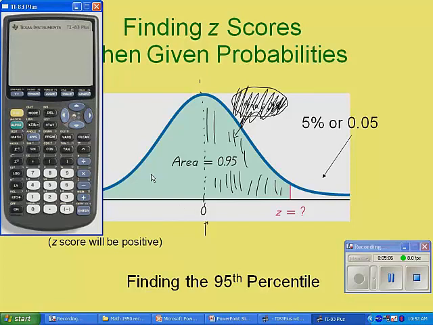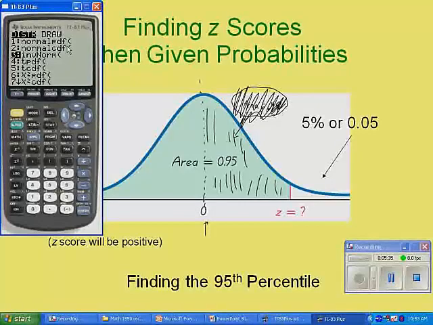If you're given an area and you want to find the z-score, the book says you want to press second variables. We want to get to distribution, right? Second variables gives me distribution. But now we want to choose inverse norm. That's number 3.